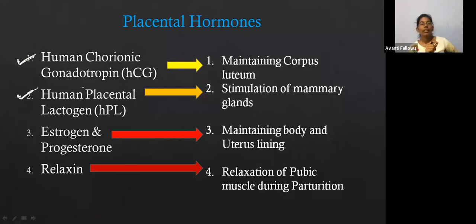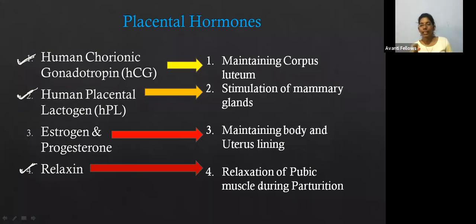Okay, and one more thing is that estrogen and progesterone can also be produced by the placenta itself. And the last one is the relaxin hormone. Relaxin hormone is also produced by the placenta, which is useful for the relaxation of pubic muscles.